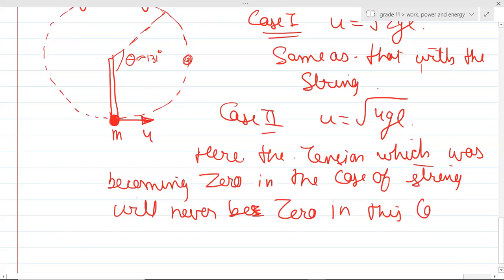Why? Because the rod cannot slack, right?